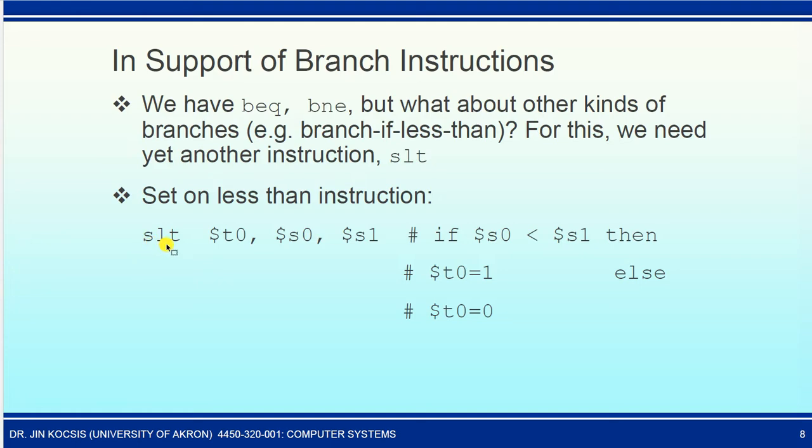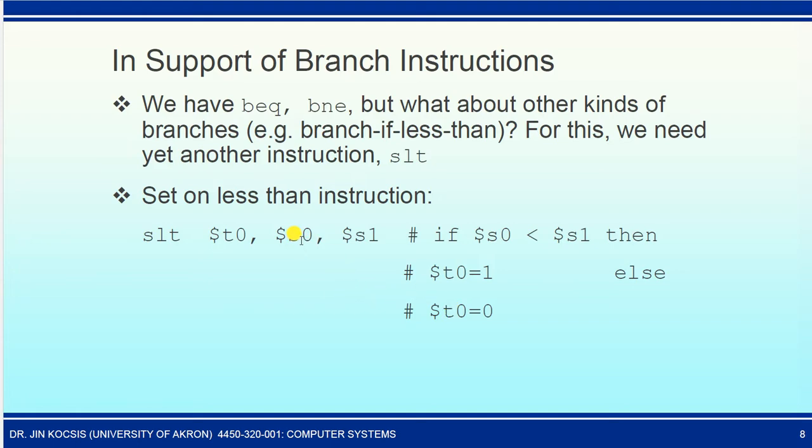Set on less than can be represented in a standard way as the following: set on less than followed by a destination operand T0 and then two source operands S0 and S1. What this instruction represents is, if S0 is less than S1, then T0 will be equal to 1, otherwise T0 will be 0.